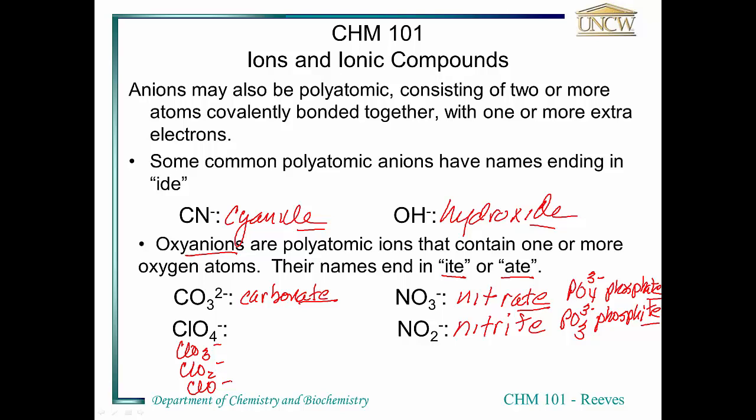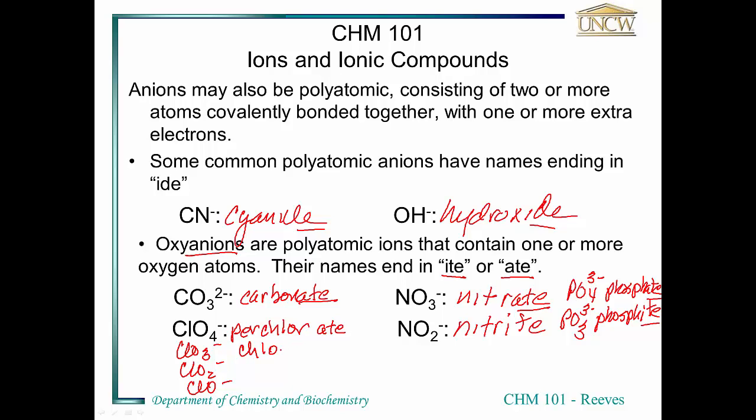So we need more than just a suffix to name these. Again, the one with the most oxygen should end in ATE, but in order to distinguish it from all the others, the one with the most oxygen also has a prefix PER. So this is perchlorate, ClO4-.